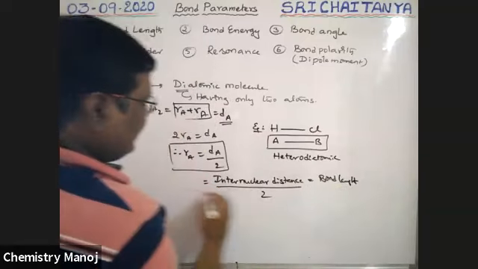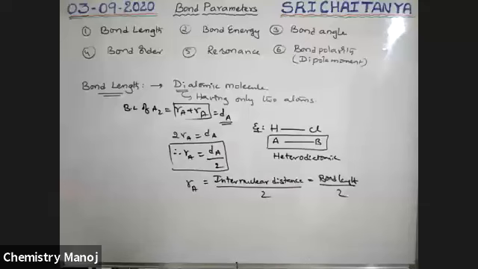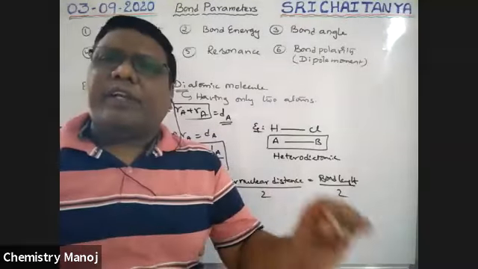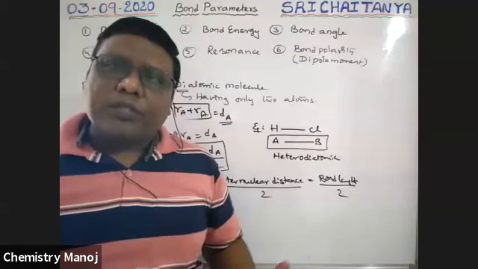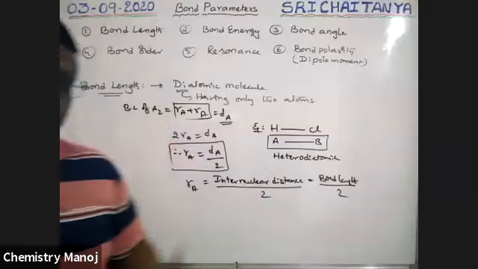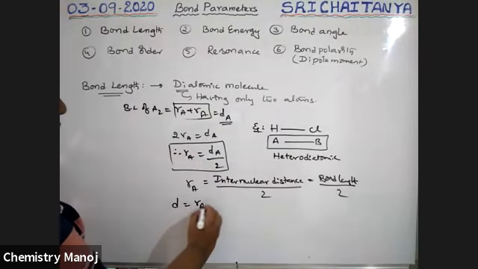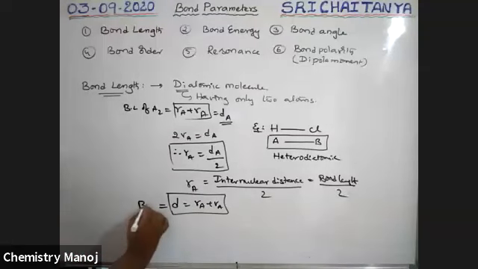Diameter of A by 2 is the radius of A. So bond length is simply taken as internuclear distance in case of homoatomic molecules. Diameter is equal to radius of A plus radius of A. It is nothing but bond length.